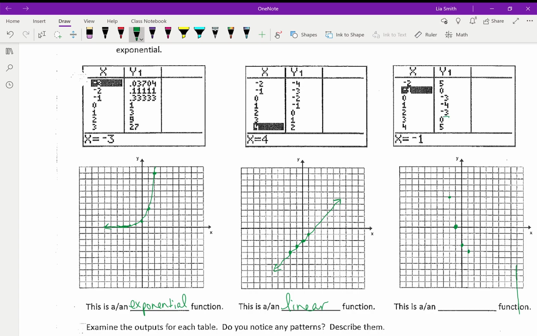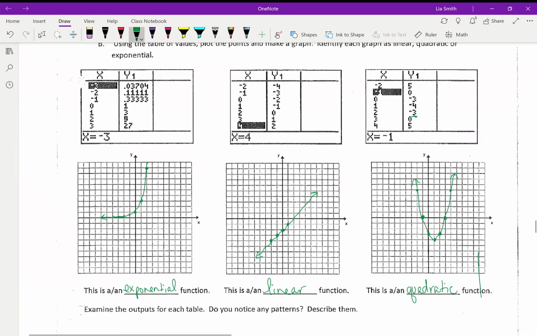And then you'll notice I'm starting to repeat, which means that this graph is going to be awesomely symmetrical. So what kind of function is this? This would be a quadratic function.